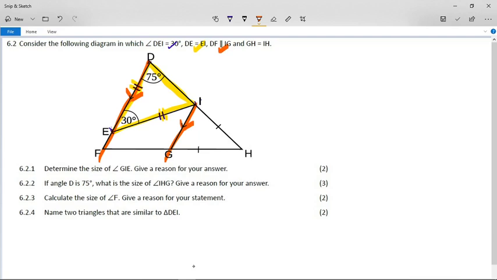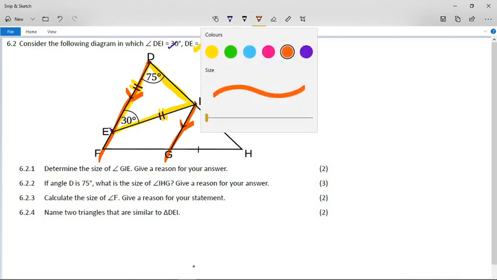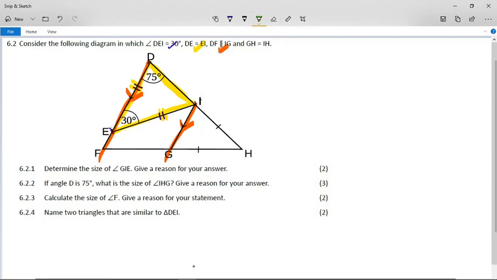And then it says to you that GH equals IH. Okay, so that's fine. Here is from G to H, and here is from I to H, and they say they are the same length, and this is marked here by these markings. So can you see here, here is another isosceles triangle.